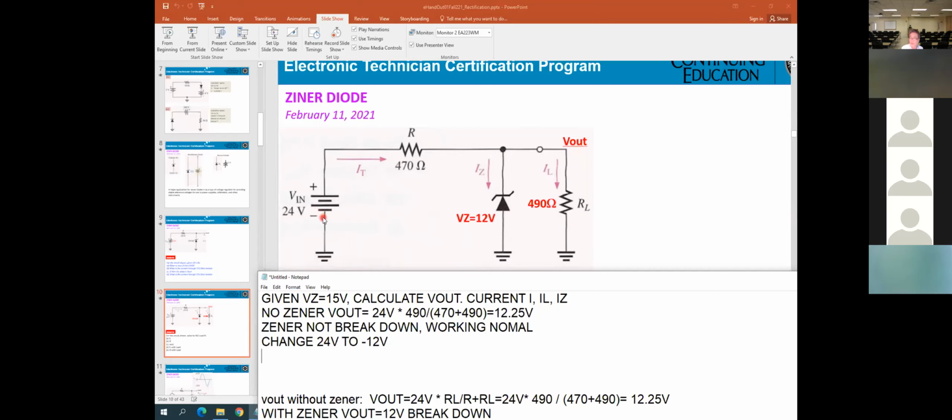So with negative 12 volt here, you can use the voltage divider to calculate the Vout. That means without the Zener here.